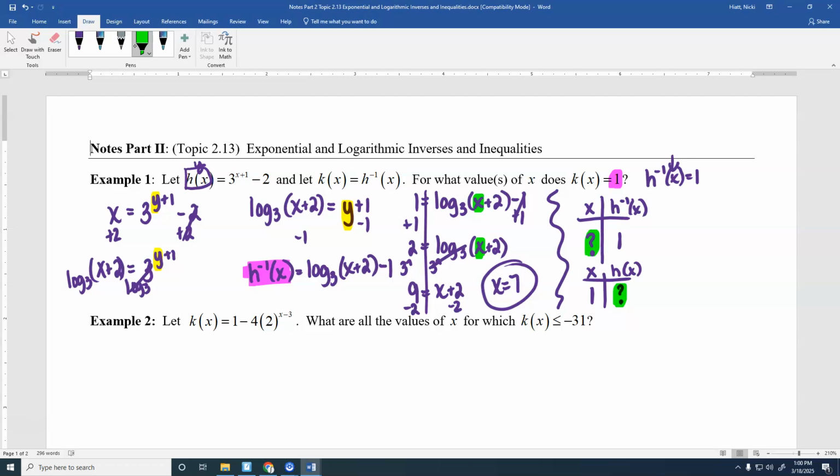So if I want to find h of x whenever x equals 1, all I've got to do is h of 1, which means plug 1 into the original function.